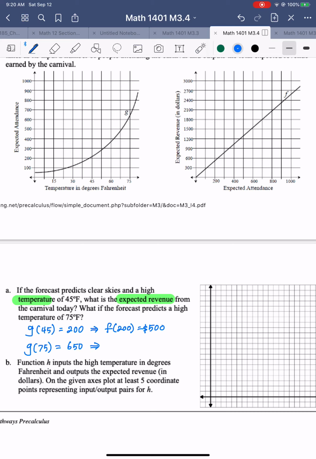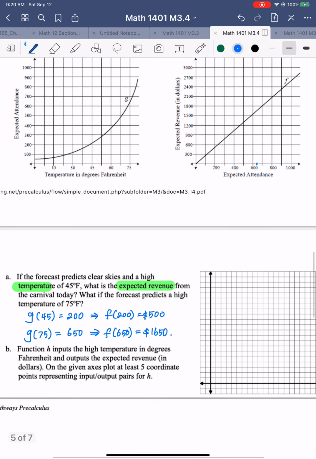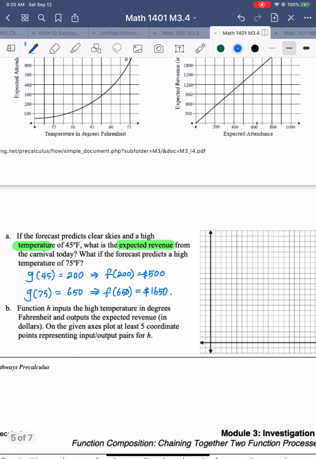And then 650 people is about here, and if you go right here, how much? Let's say about 1600, or 1650. Then f of 650 people makes 1650. So even though you're using the temperature, the answer comes out as the revenue.